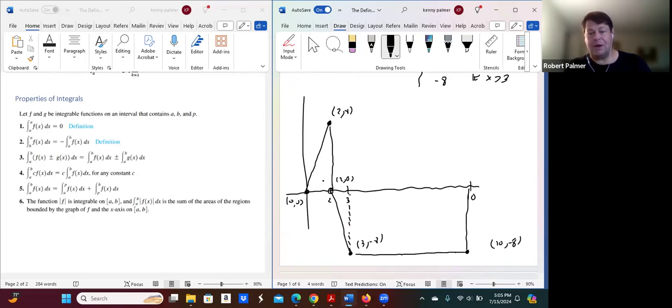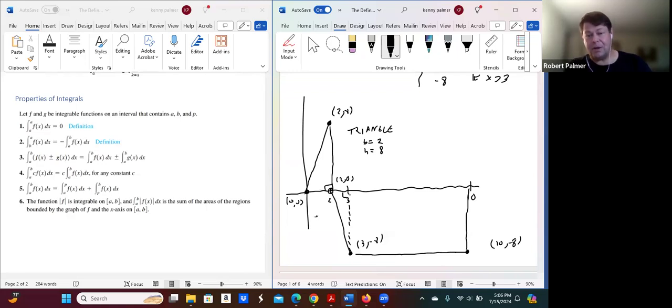For this triangle, remember, the base is the length along the bottom. So the base is 2 and the height is 8. It's actually a right triangle, and the height is 8.